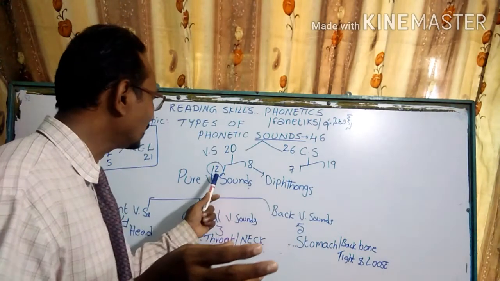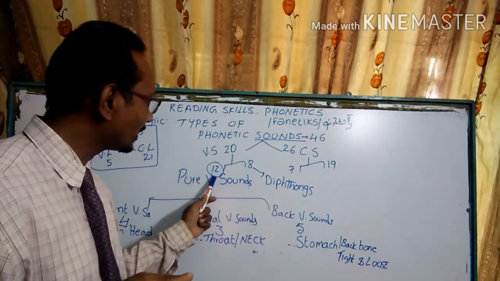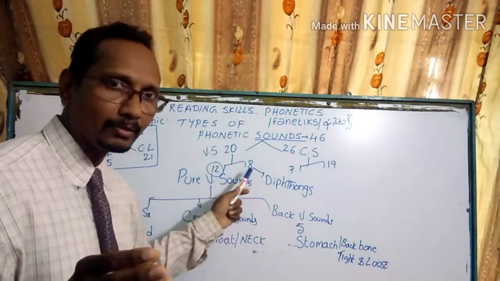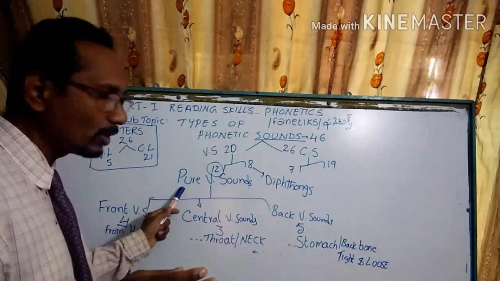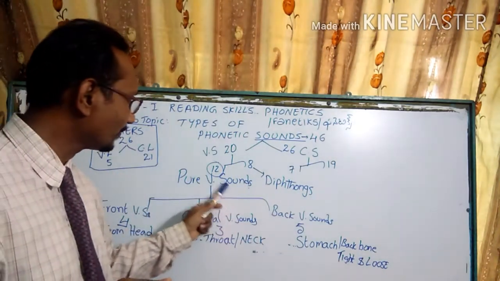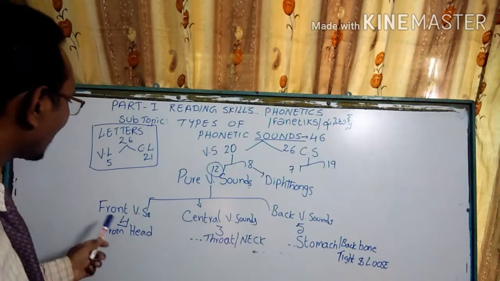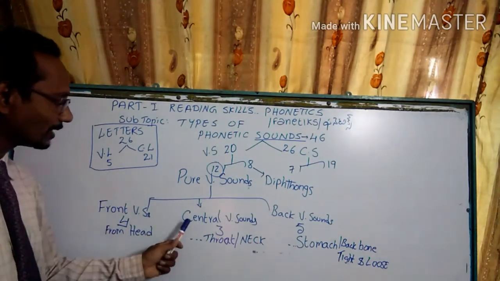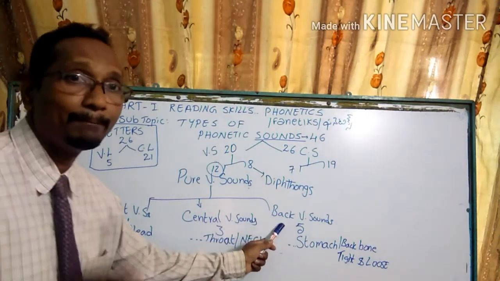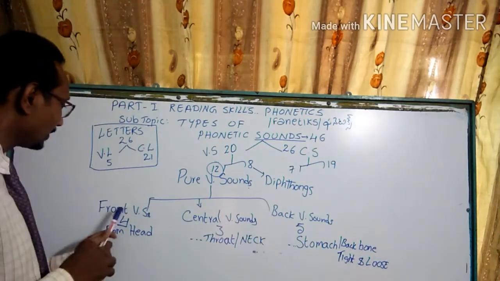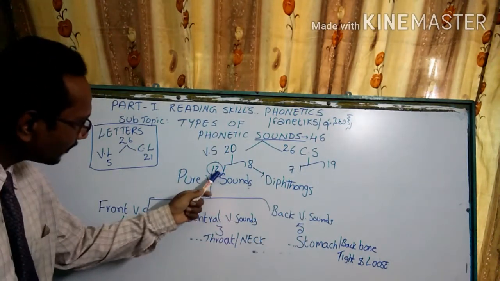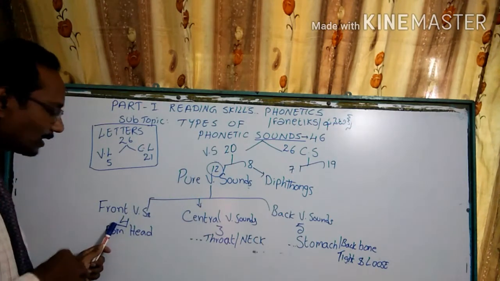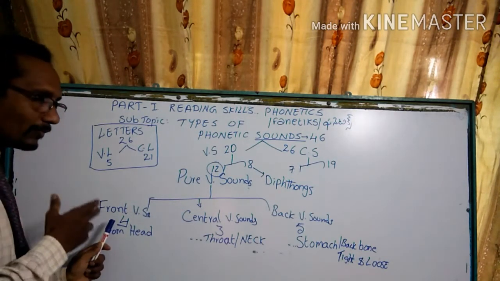But coming to the vowel sounds, in the subpart we have 12 and 8. The 12 are known as pure vowel sounds. These pure vowel sounds are divided into 3 parts: front vowel sounds, central vowel sounds, and back vowel sounds. Of the 12, 4 are known as front vowel sounds.